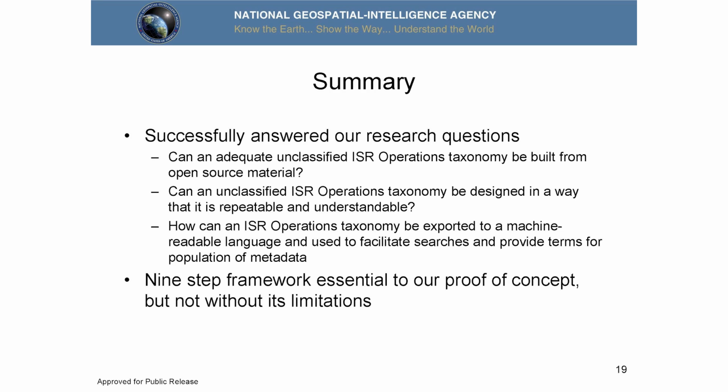Bringing this all back together, 2 years ago we were challenged with, can you build an unclassified taxonomy for ISR? Can you use open source? Can you do a repeatable framework? Can you share it, humans and machines? Can you use it to populate metadata? This was all a proof of concept. I do think we were very, very successful.